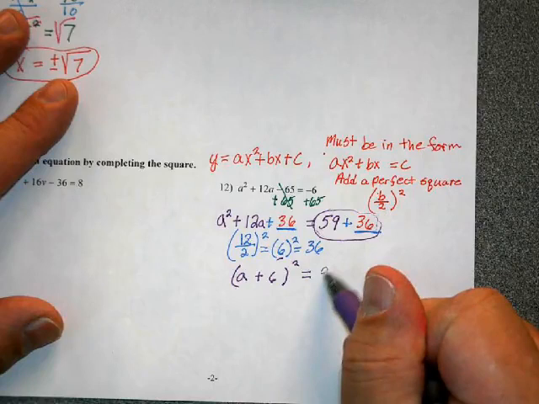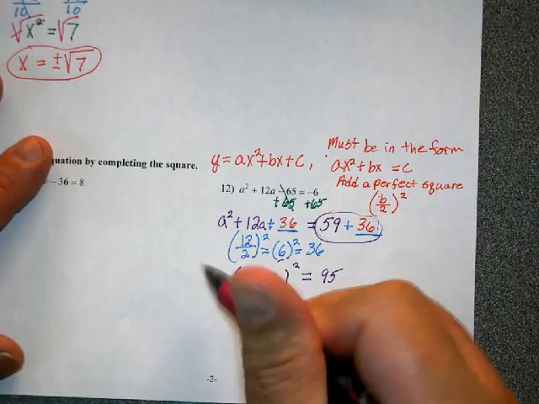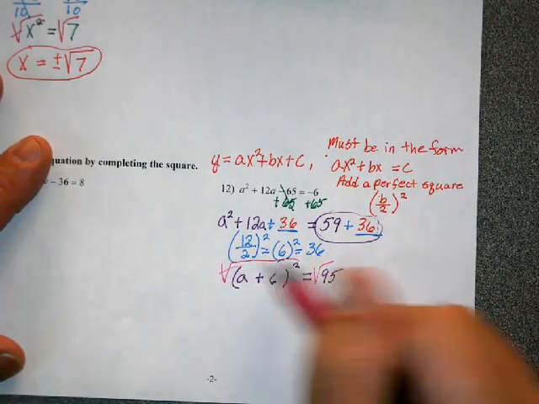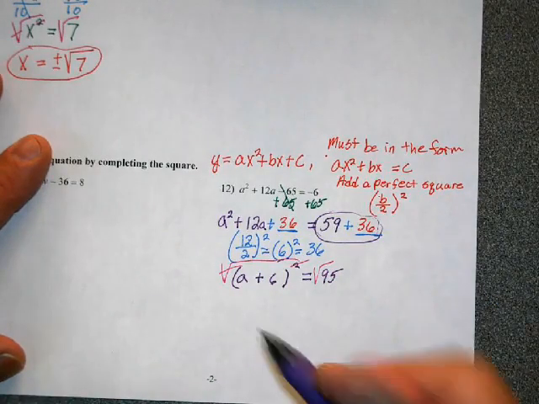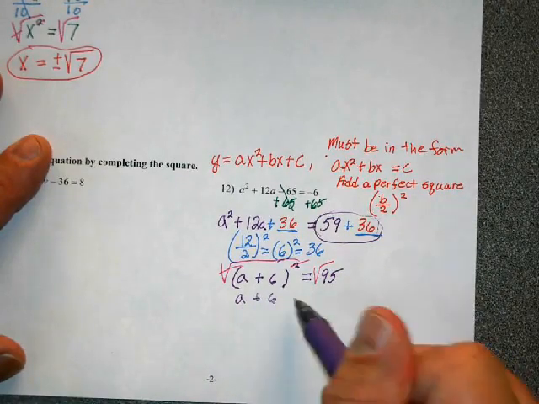Square root both sides. Get rid of that power of 2. Now I can drop my parentheses. a plus 6 equals plus or minus square root of 95.